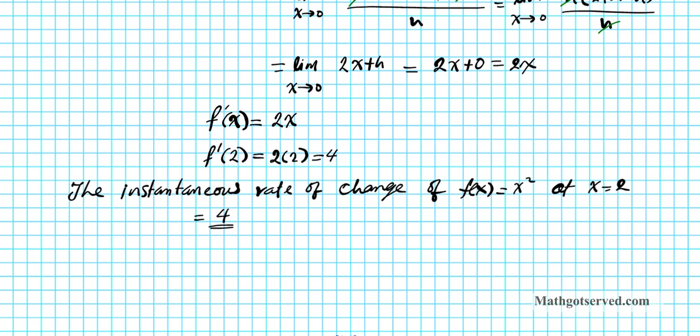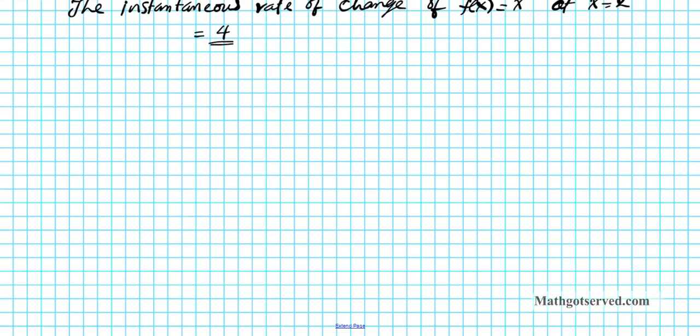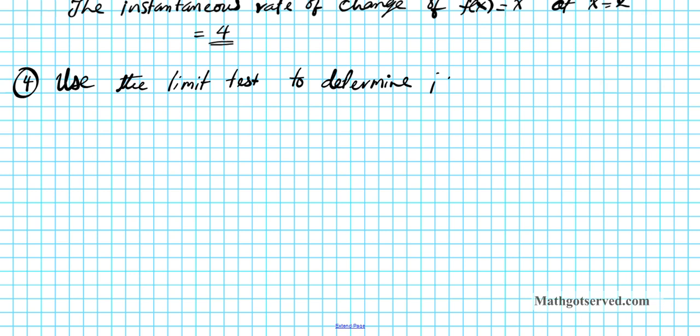All right, let's take a look at question number 4. So question 4. You're to use the limit test to determine if the given function is continuous at x equals 0.